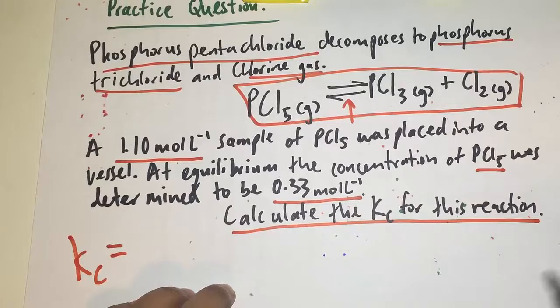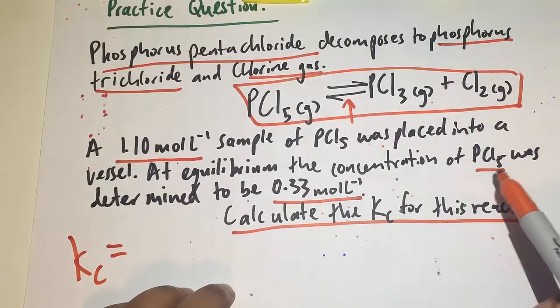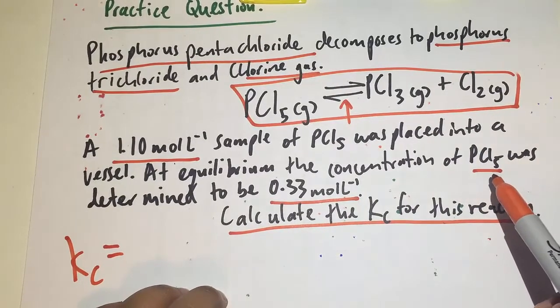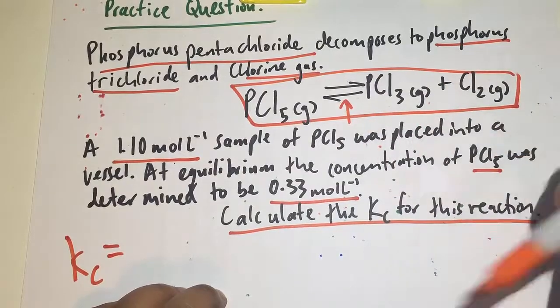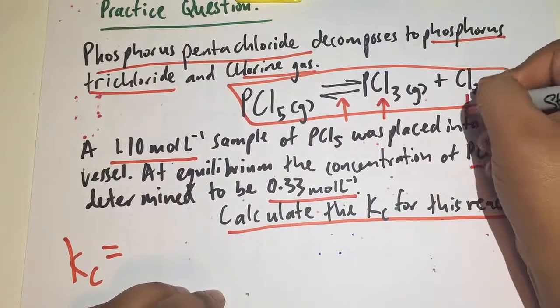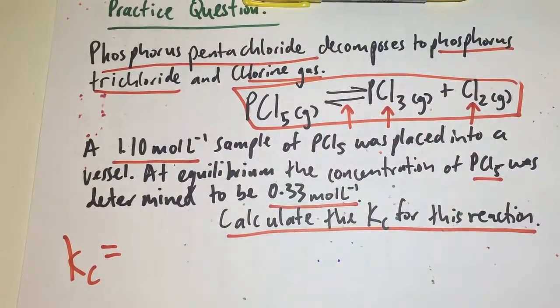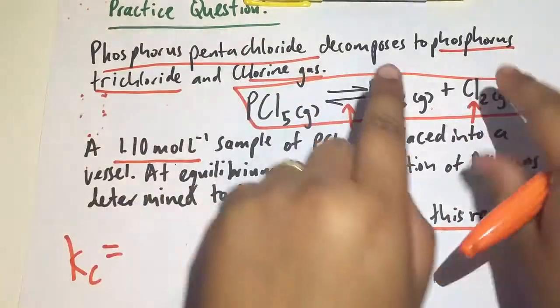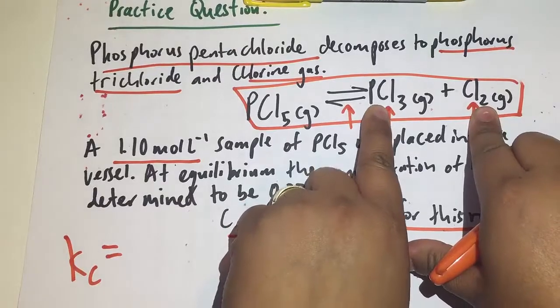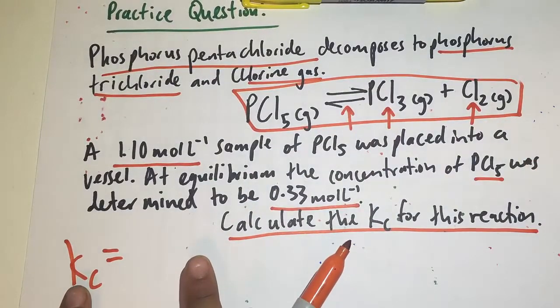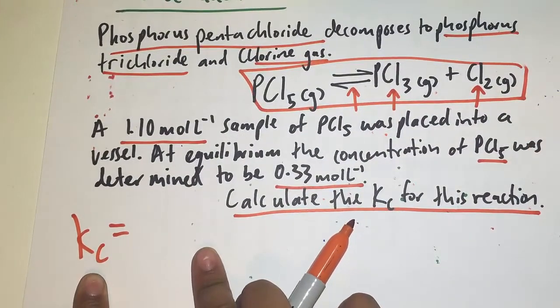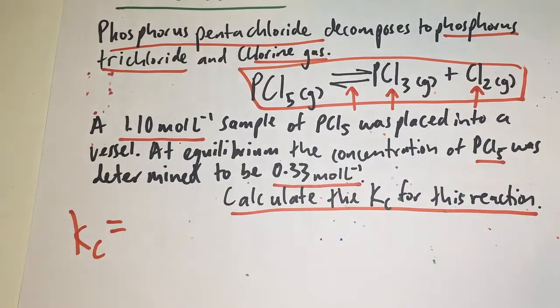At the moment we've only got information for the PCl5 at equilibrium, so we're going to have to work out the concentration of the others at equilibrium first, and we do that using the ICE method. So first of all, you have a go at working out the concentration of these two at equilibrium, and therefore what the equilibrium constant number will be, and then continue the video to see the working out.